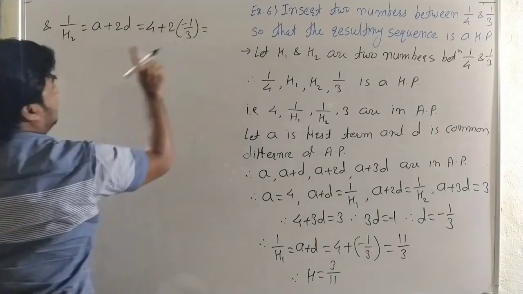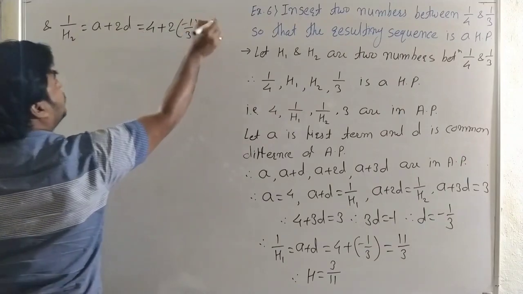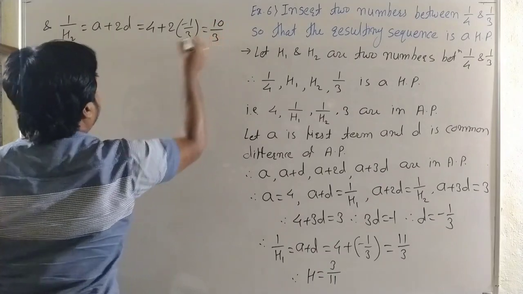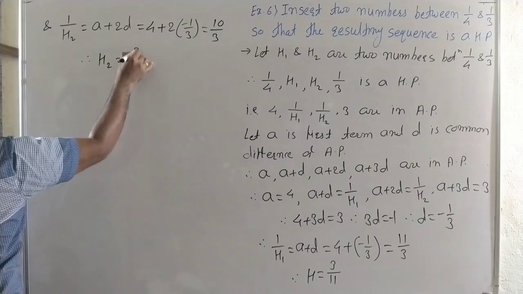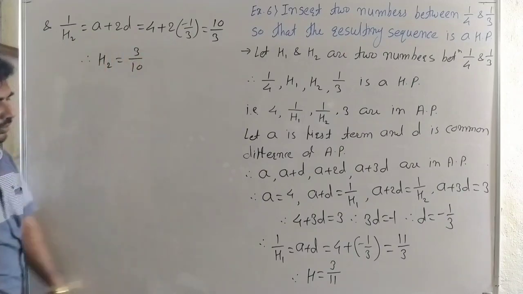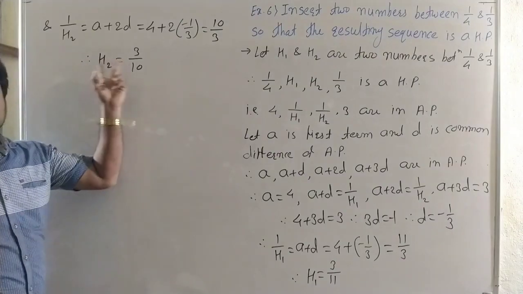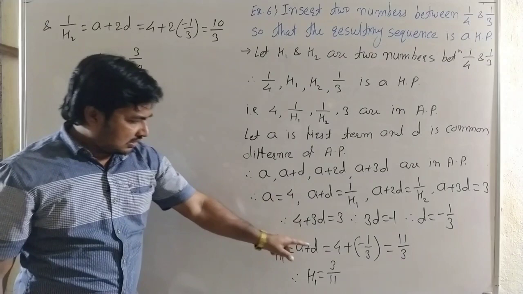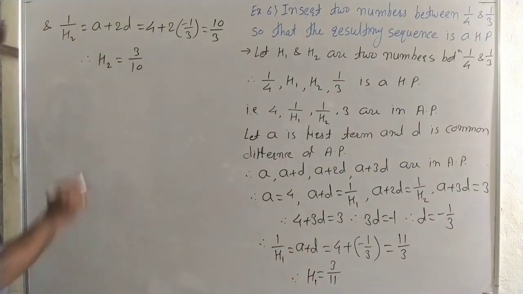Then the calculation, see carefully, it is 12 minus 2, and 12 minus 2 is 10 by 3, and therefore h2 is equal to 3 by 10. See carefully, it is h1 and it is h2. Therefore the required numbers are 3 by 11 and 3 by 10.